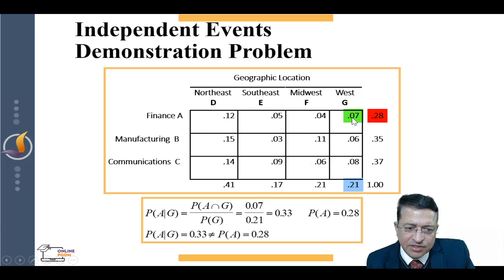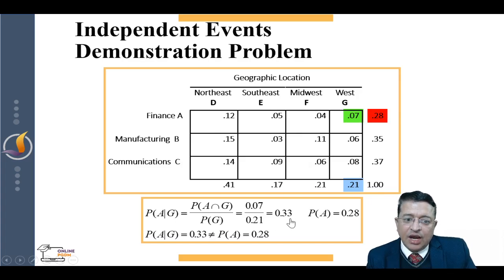Suppose finance A has marginal probability 0.2, manufacturing B has marginal probability 0.35, and communication C has marginal probability 0.37. And if you look at the joint probabilities, for example northeast finance A, these are the values. Suppose we want to calculate the probability of A given G. We take the joint probability of A intersection G, which is 0.07, divided by the marginal probability of G, which is 0.21.